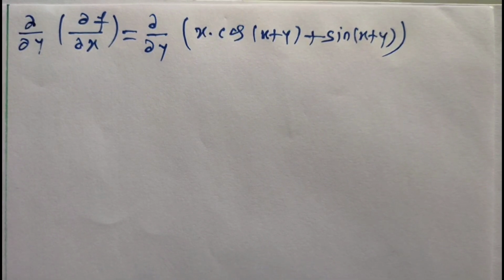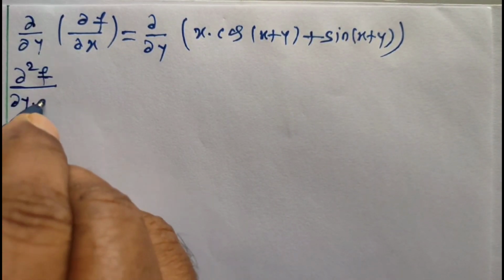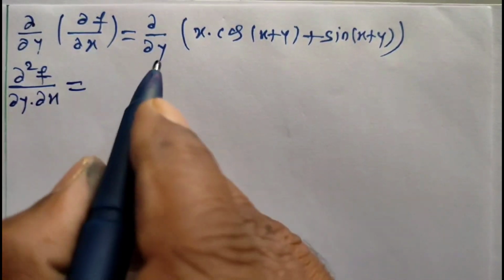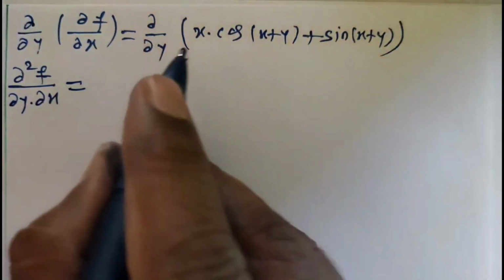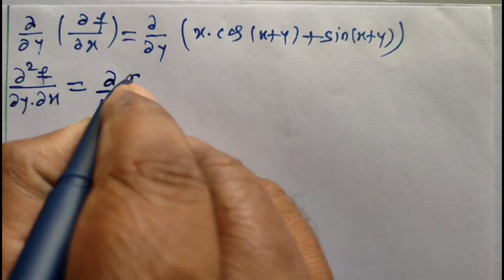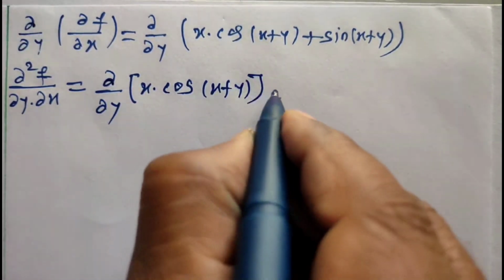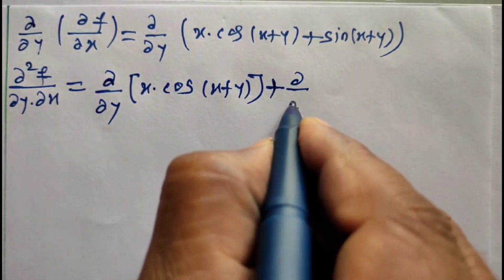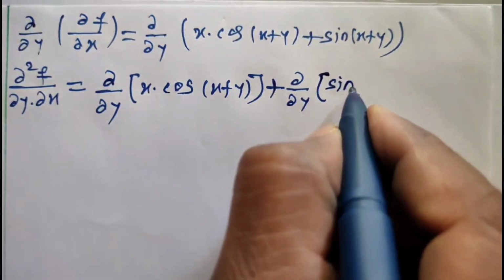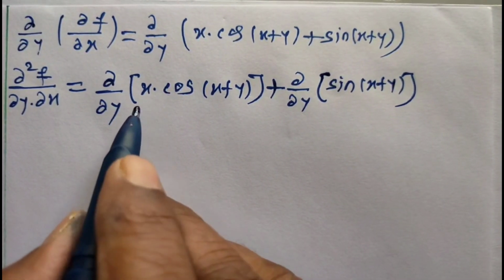So left hand side becomes dou 2f by dou y dou x, and now separately apply this partial differential operator on each term. So partial derivative with respect to y of x into cos of x plus y plus partial derivative with respect to y of sine of x plus y, and hence again here apply u into v formula.